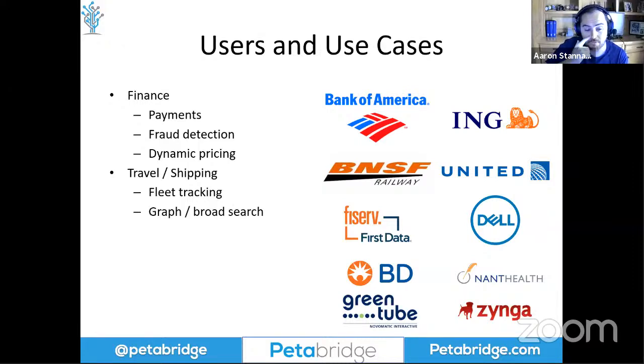We also have a number of users in the travel and shipping industry that use Akka.net for doing broad search, being able to find an itinerary that can work inside a very large time frame for a very small amount of money, and might include a bunch of different possible destinations. That's another example there.